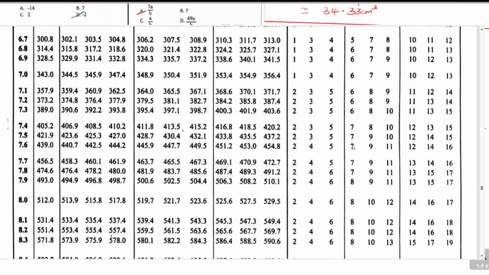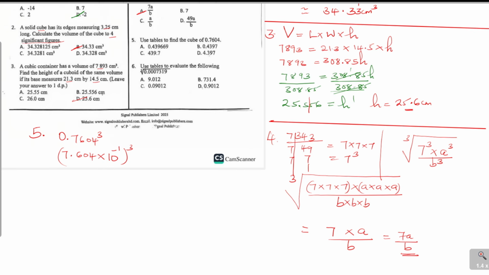So you get 439.7. That is what you're supposed to do. So using the table, you get 439.7. That is the cube of 7.604.